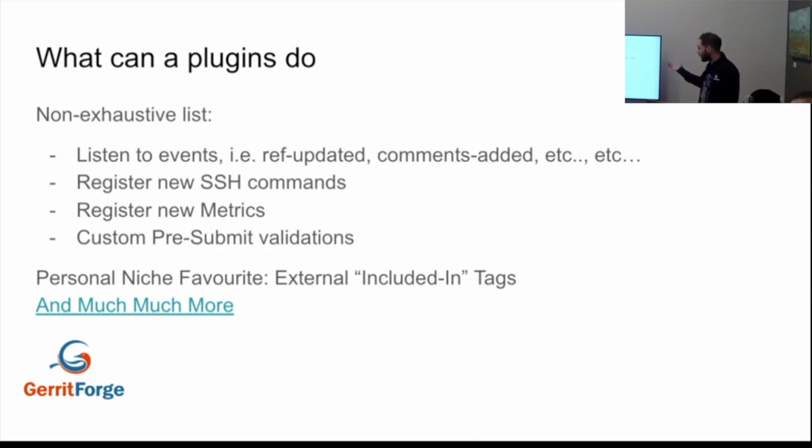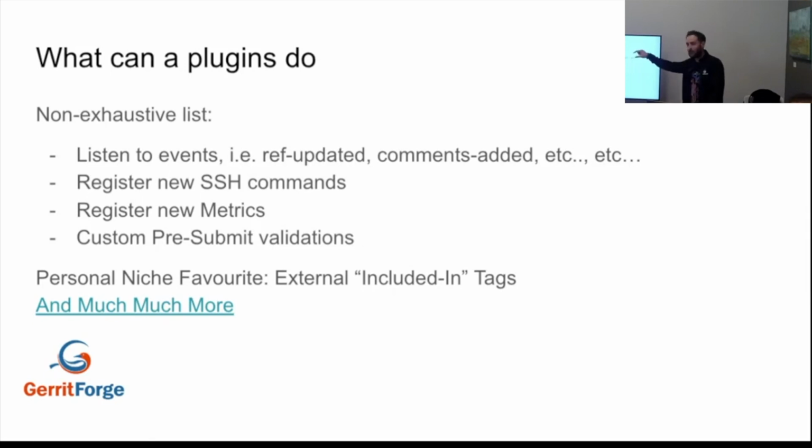And also you can have, for example, custom pre-submit validations. So if you want to have a validation rule for, I don't know, you need to have a link to a ticket when you create a change in the commit message, then that's where you would plug in, right? A personal niche favorite, something I didn't know you could do, is you can have external included in tags. So I don't know if any of you has ever seen the included in section.